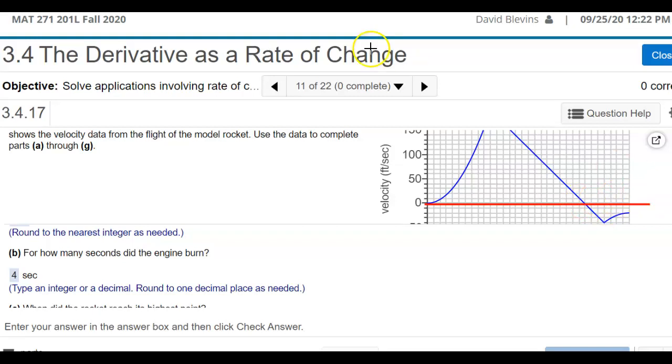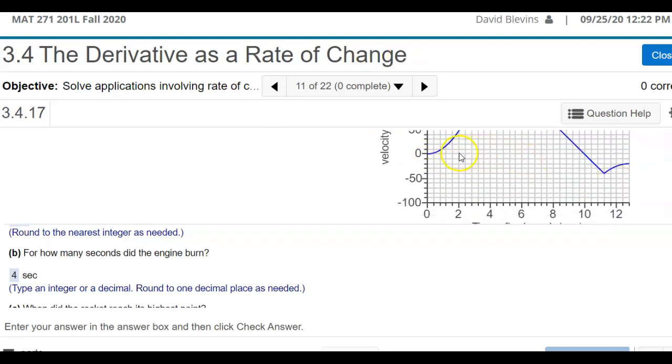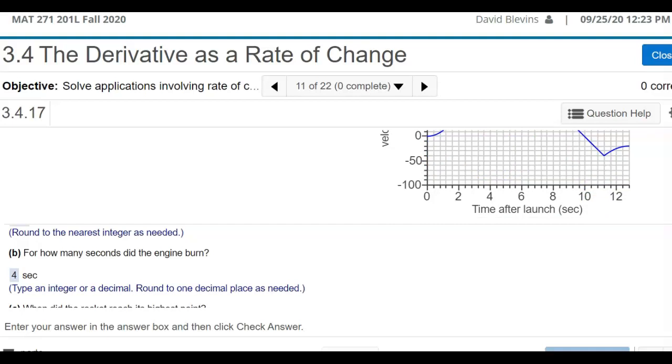Let me draw it in again with those values along the t-axis. Where are we when we hit this intercept? It looks like about 10 seconds is my estimate of the value of that 0. So at 10 seconds we reach our max.